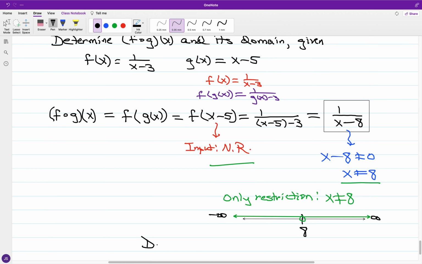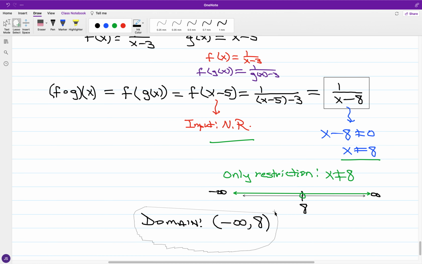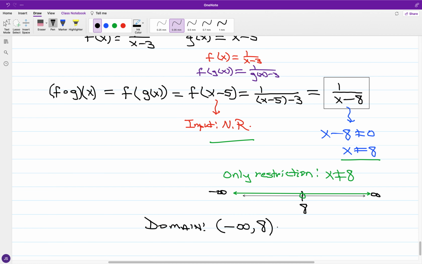And so for this domain, we're going from negative infinity, approaching but not including 8. That is for the first half. And for the rest of the domain, it's going to be the set of values x greater than 8. And so we're going to have parentheses throughout.